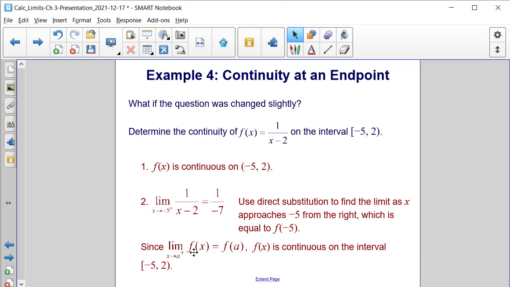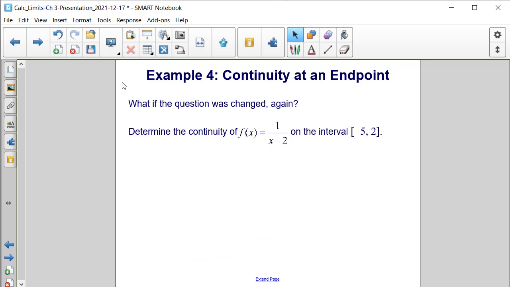And then since the limit of f of x as x approaches a from the right equals the function value at a, f of x is continuous on the interval that is closed at -5 and open at +2. What if the question was changed again? Determine the continuity of f of x being equal to 1 divided by the quantity x minus 2 on the interval that's closed on both sides from -5 to +2.